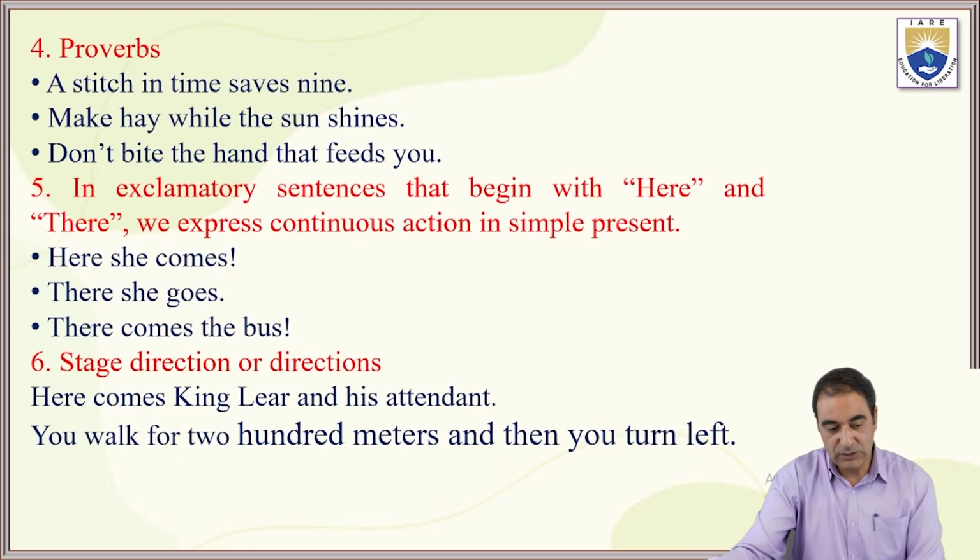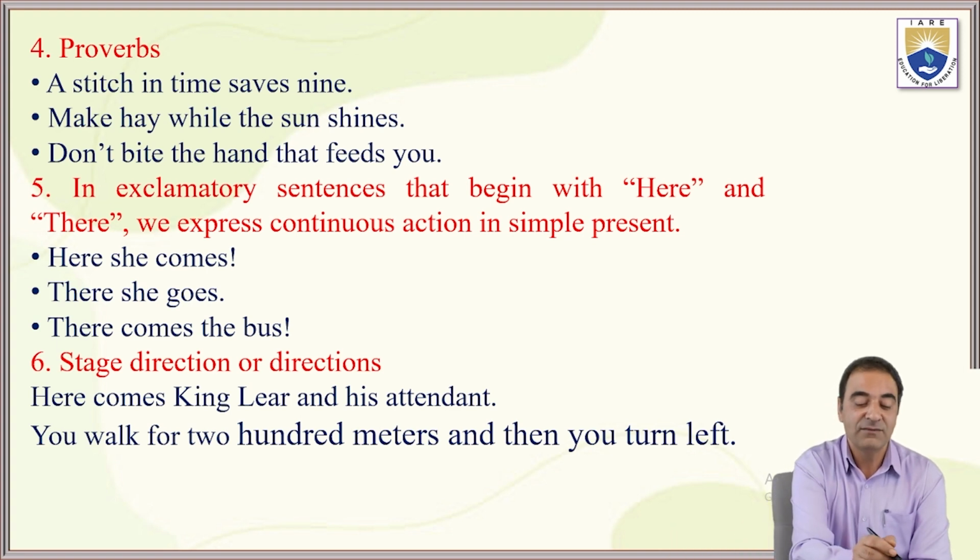Now look at the next one. We use simple present tense to express proverbs. Why? Because proverbs are supposed to be true. That's why we show proverbs in simple present tense. It gives the idea of permanence, like a stitch in time saves nine.